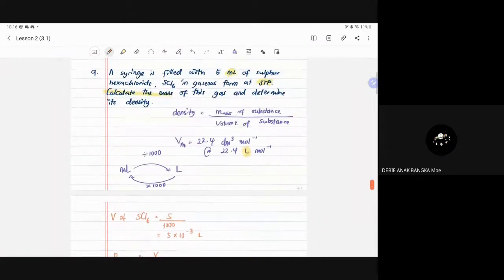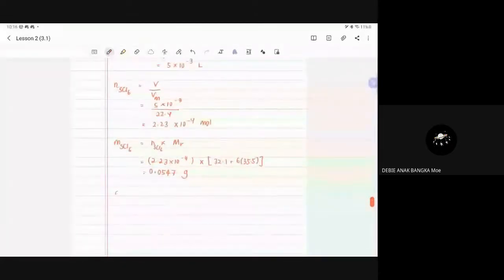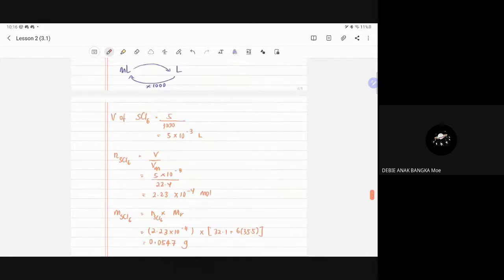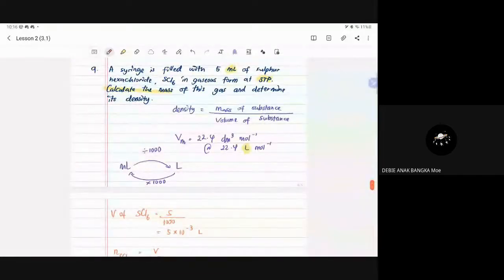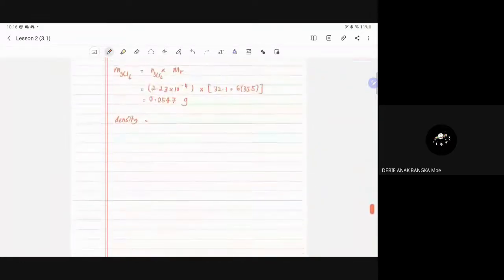And then dia minta determine its density. Nak cari density. Density dia bagi tahu mass over volume. Okay, mass over volume, kita boleh guna dalam apa-apa unit intensity. Nak guna grams dengan ml boleh, kg dengan liter pun boleh. So sini dah ada 5 ml, kita guna grams per ml lah.